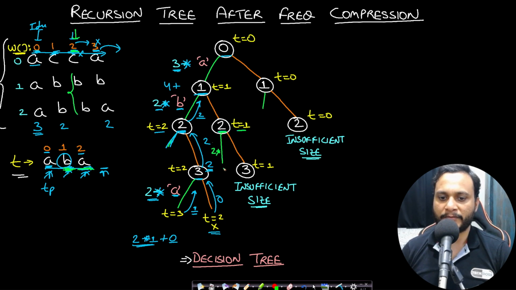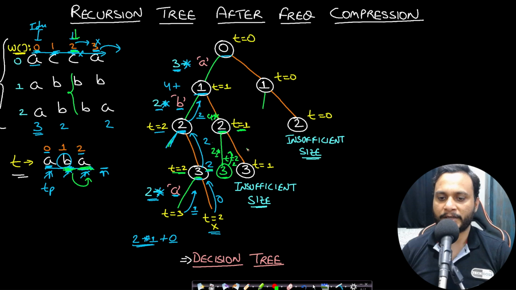So I'll be multiplying with 2 whatever I get as the return value. And if I match, I will be going to the next T position where T position will be 2, right? So at 3 and 2, this is a repeating sub problem, and this already had an answer 2. So this will be returning 2 and 2 will be multiplied. So this will become 4.